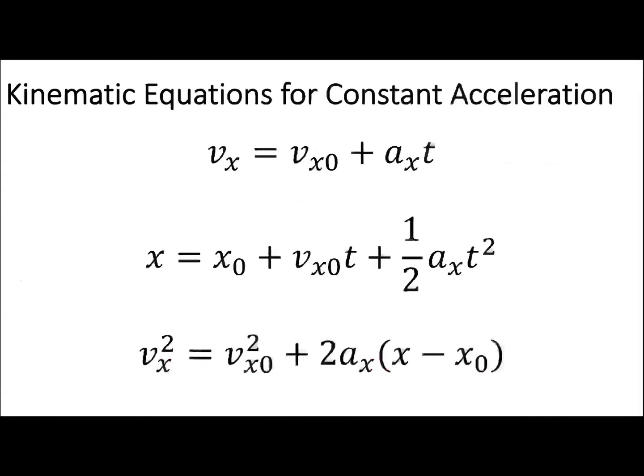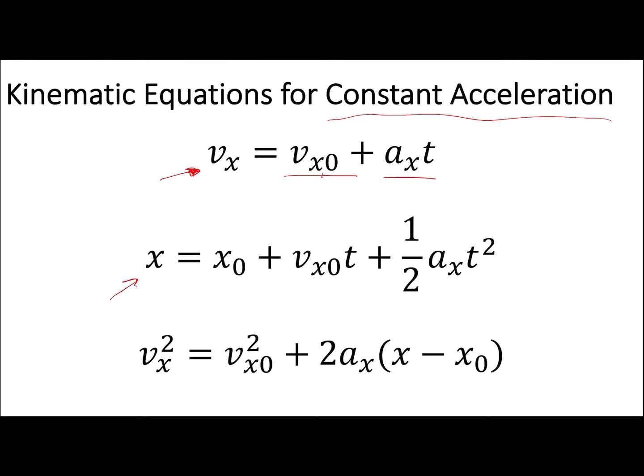Our kinematic equations for constant acceleration, and notice this is a key, we see these 3 equations. And these equations are exactly what they look like. This equation will tell me what the final velocity in the x direction is, given the initial velocity in the x direction, and given the acceleration times the time.